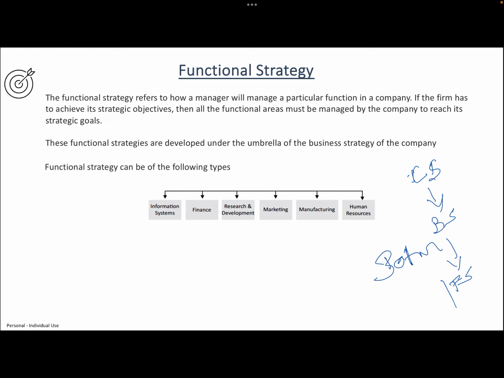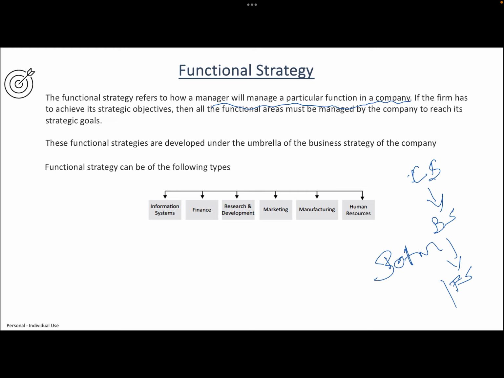Functional strategy refers to how a manager will manage a particular function in a company. For example, the finance manager, how they are going to manage finance activity. In the same way, the marketing manager or the head of HR, how they are going to manage their function within the company. So every firm or every entity should achieve their strategic objectives.